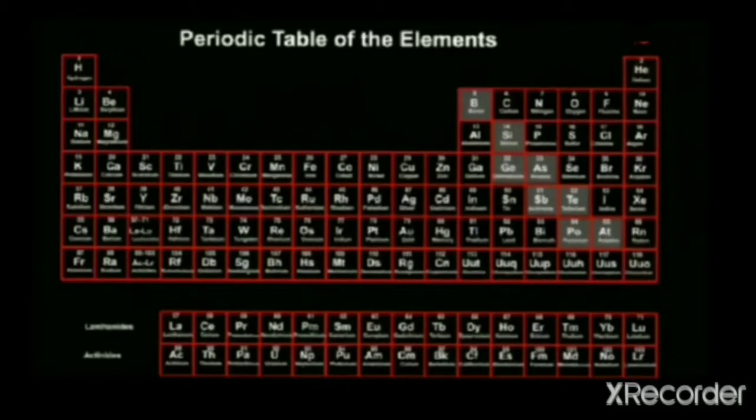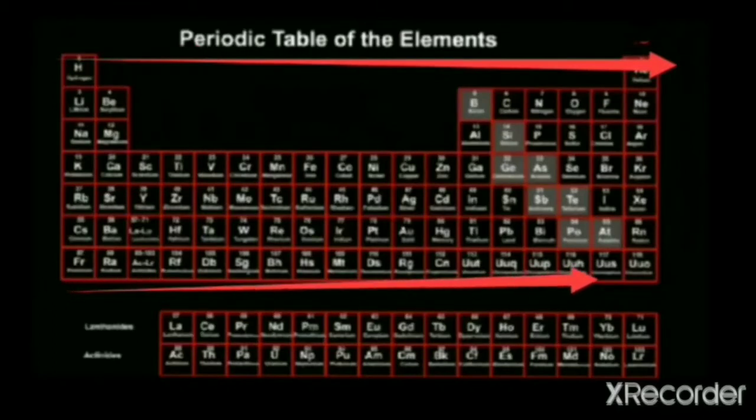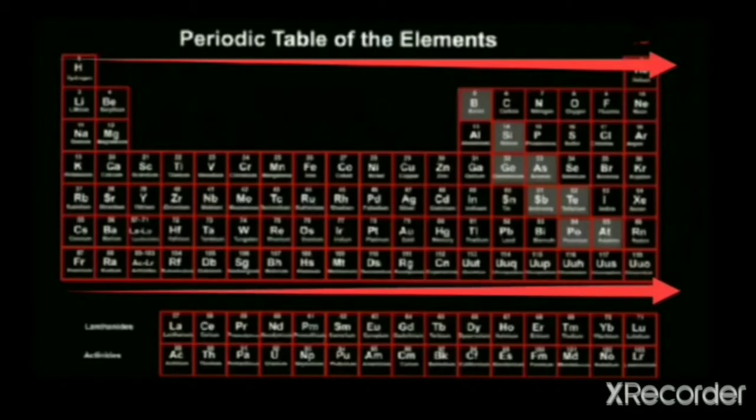In the modern periodic table, the elements are arranged in increasing order of their atomic number. When we go from left to right, we can find that the atomic numbers are increasing. Thus, the importance was given to atomic numbers, not atomic weights.